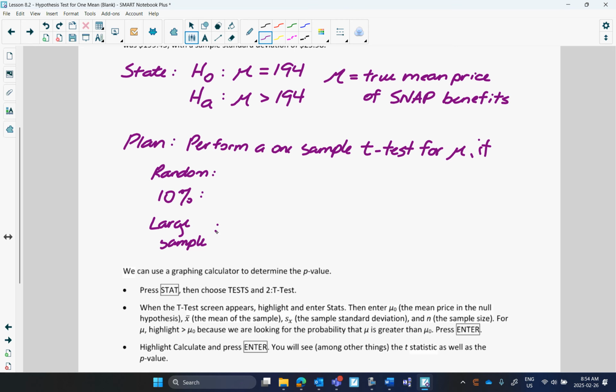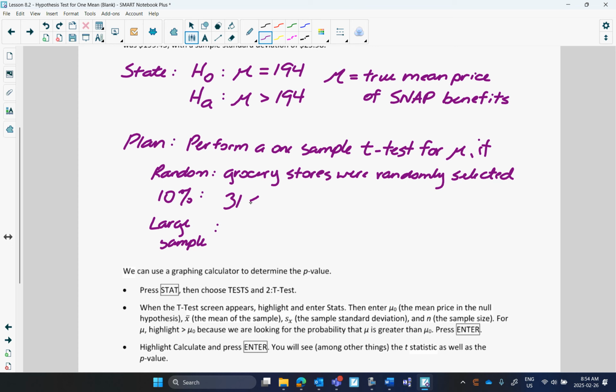So this is going back to the first page. Says SRS of 31 US grocery stores. So grocery stores were randomly selected. We're good. 10% is the number of grocery stores, 31.